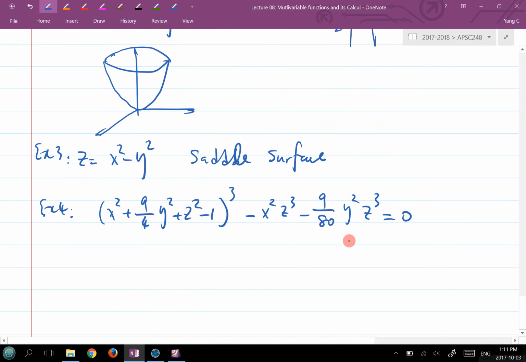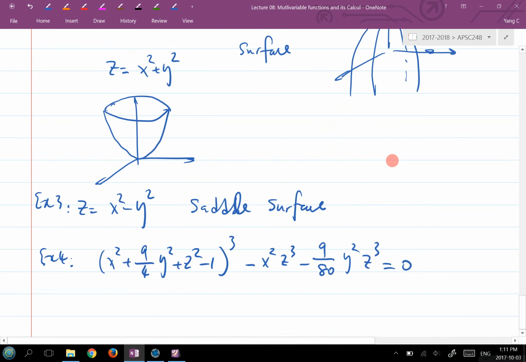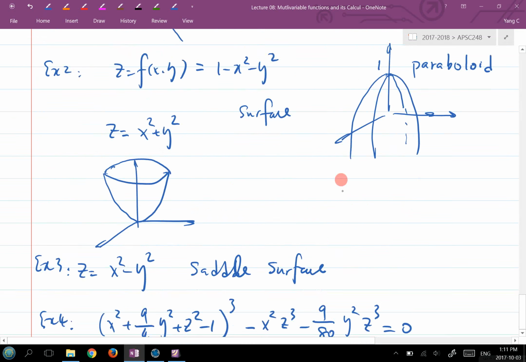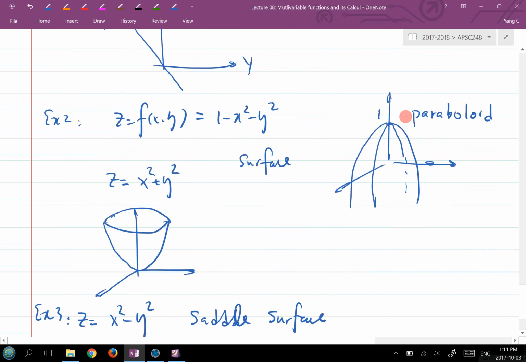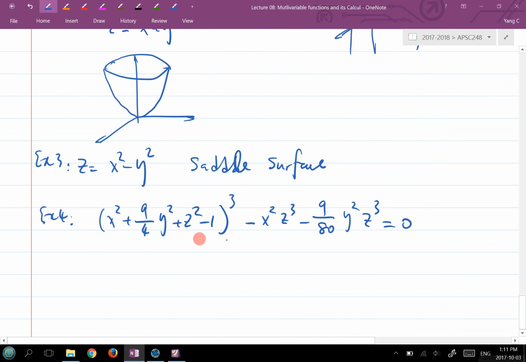Now, when you look at this example compared to the previous three examples, can you see any difference? What's the difference now for this one here? Or just simply compare to z equal to x squared plus y squared, for example, right?